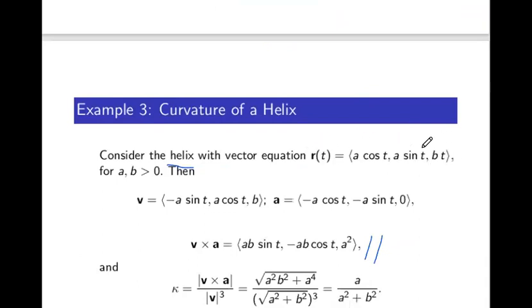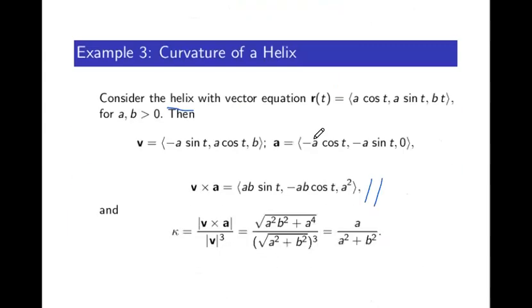Differentiate the path. When you differentiate once, you get velocity. Twice, you get acceleration. Take the cross product of these two, and you get this.